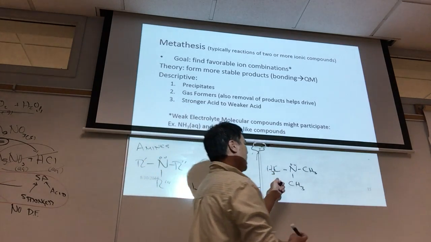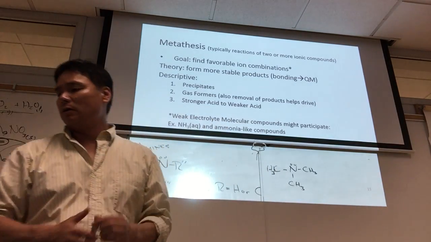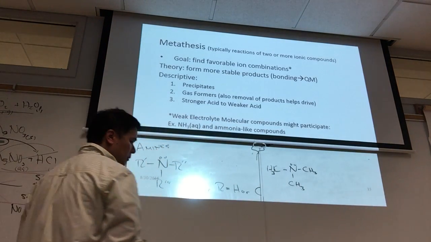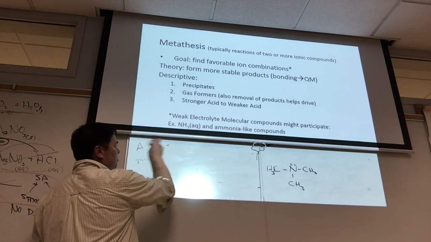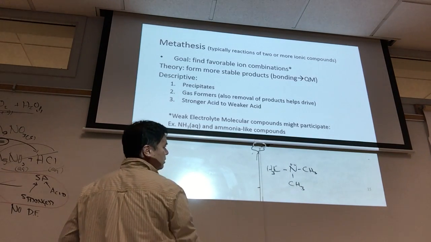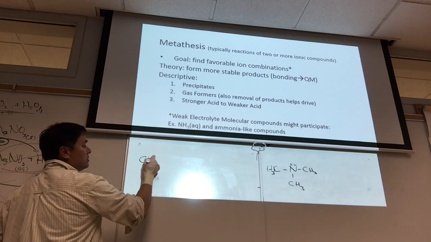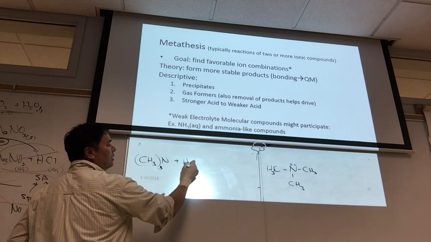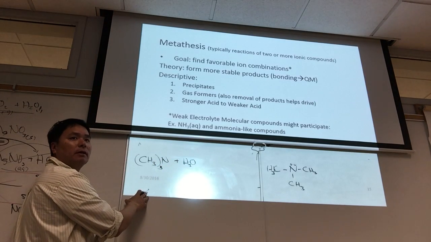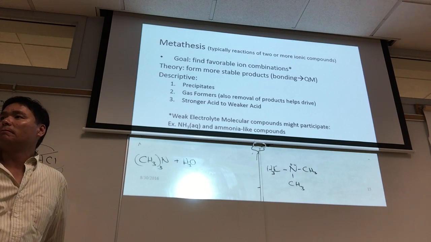And so when we have something like trimethylamine or dimethylamine, or we can add ethyls or propyls, isopropyls, butyls, it is going to behave the same. So if we take trimethylamine, (CH3)3N, and react that with water, when weak bases hydrolyze water, what do they form?